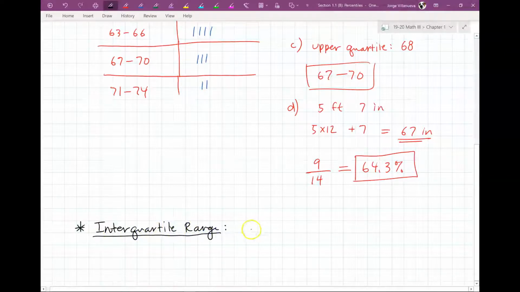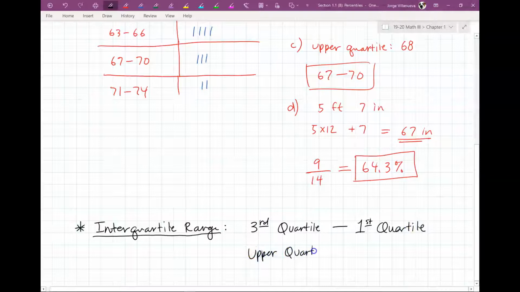That's going to be the third quartile minus the first quartile. Or, the way I like saying it, upper quartile minus lower quartile.